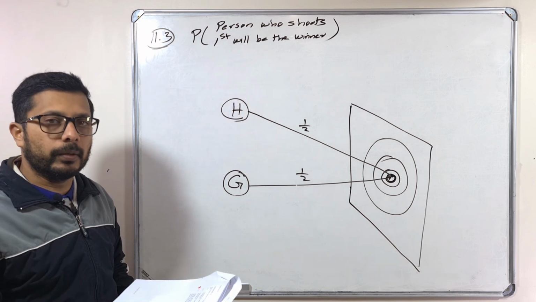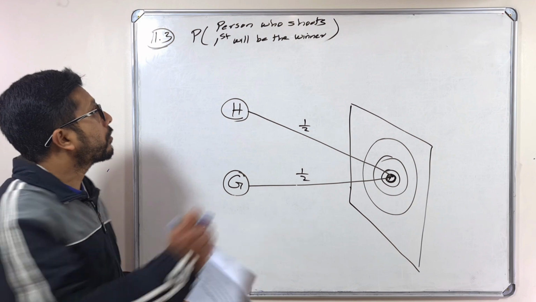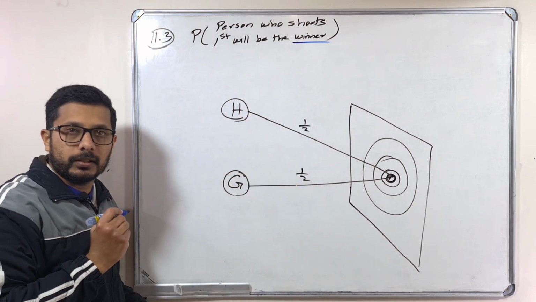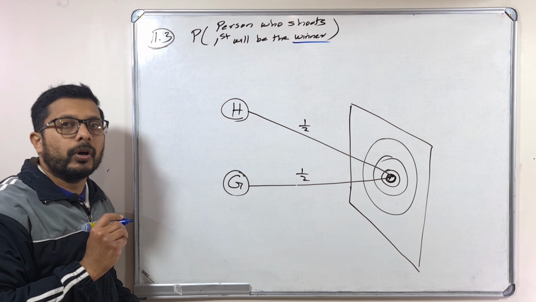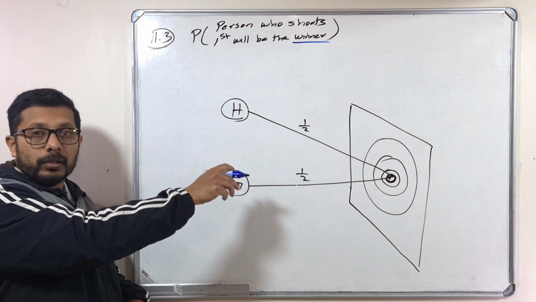That is the question. Here you have to understand one thing: winning is the important thing here. So you have to find the probability of who shoots first being the winner.